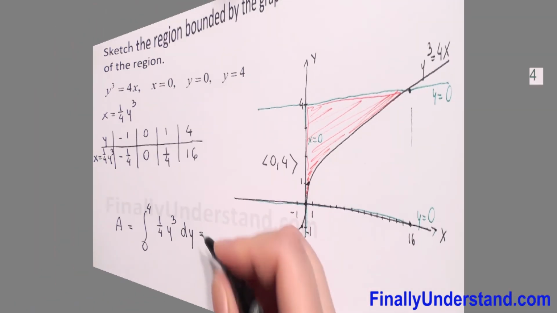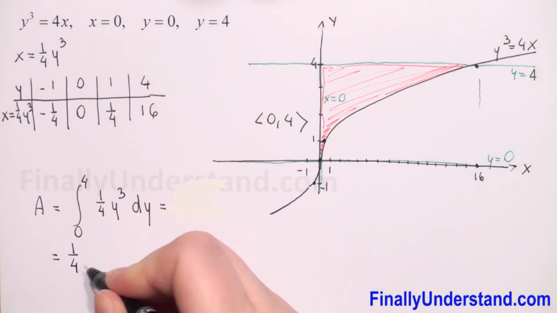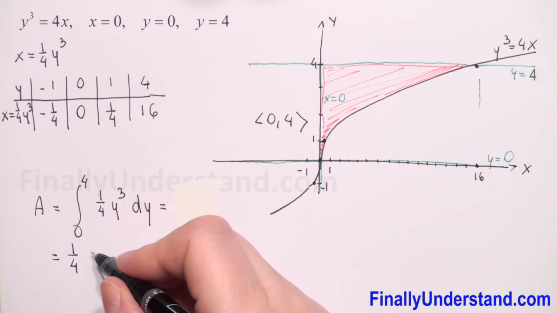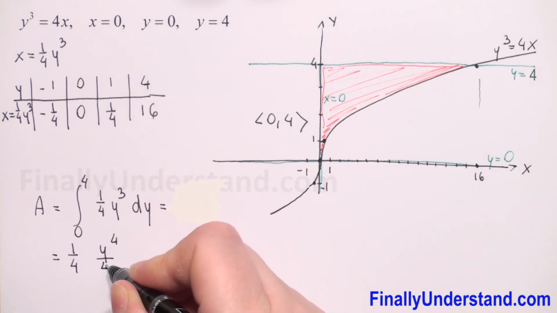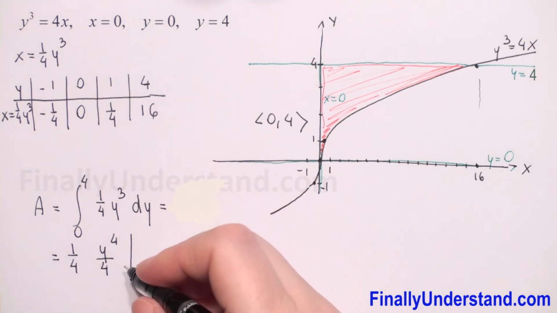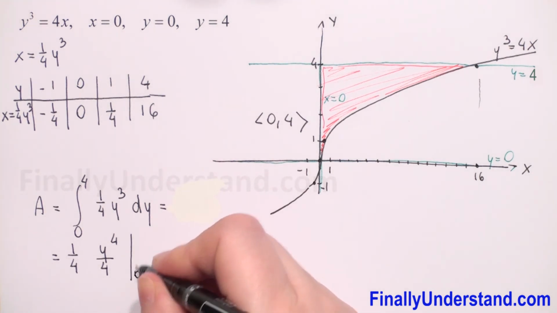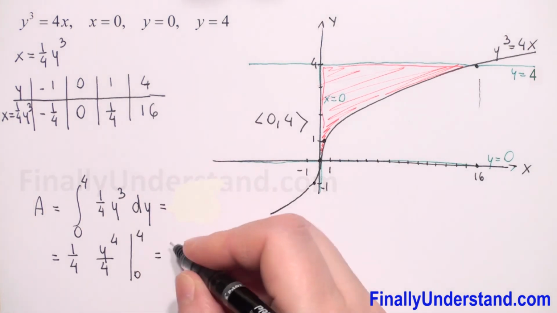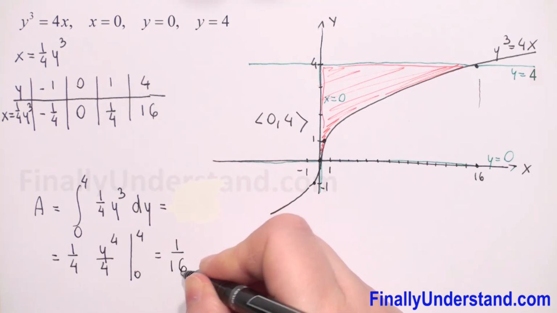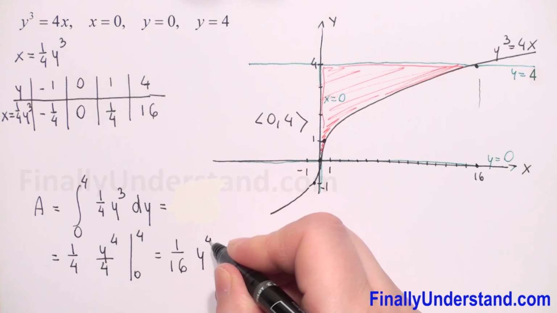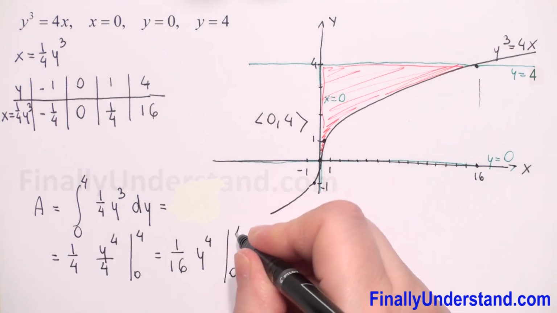So this is equal to 1 over 4, the integral of y cubed is y to the power 4 over 4, and we have integration limits from 0 to 4. So this is equal to 1 over 4 times 4, which is 1 over 16, y to the 4th power from 0 to 4.